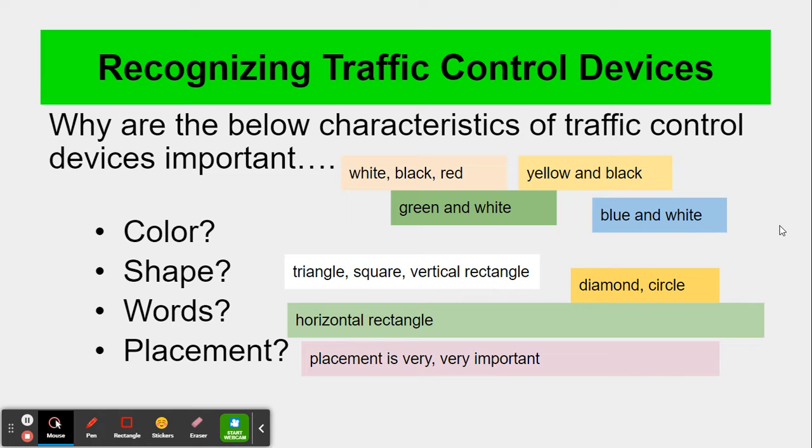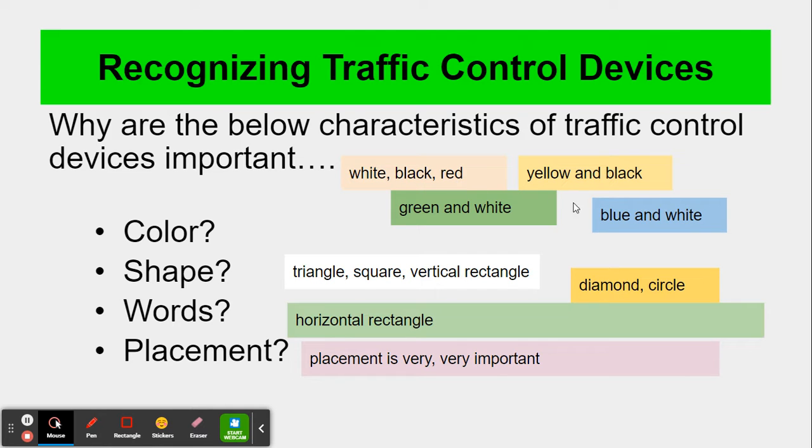Recognizing traffic control devices. Why are the below characteristics of traffic control devices important? Let's talk about this for a minute. We do have ways for us to recognize traffic controls, right? We have color, and we have all types of different colors. Can you recognize what any of these colors kind of indicate?